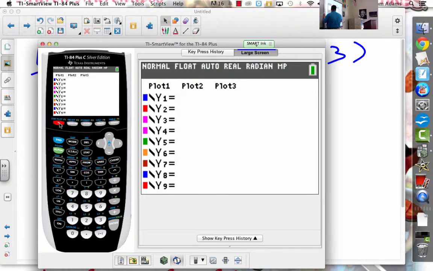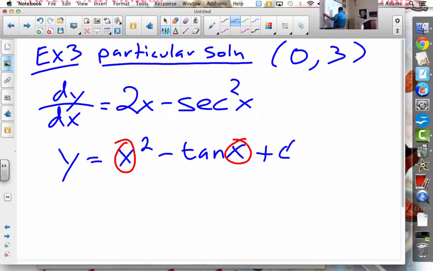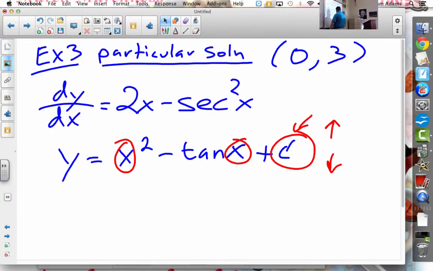If I wanted to graph the family of functions, normally I have x squared and tan of x and then plus c. Now this plus c is just a vertical translation. In other words, we take the functions and we move them up or down.